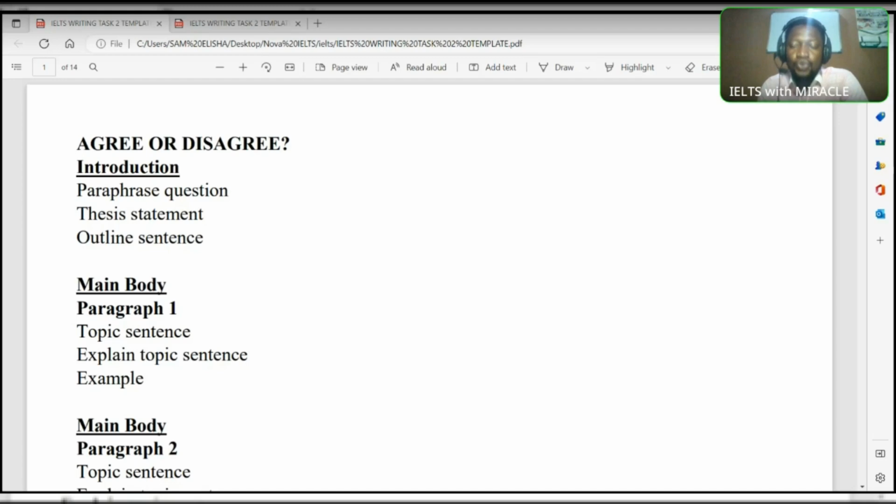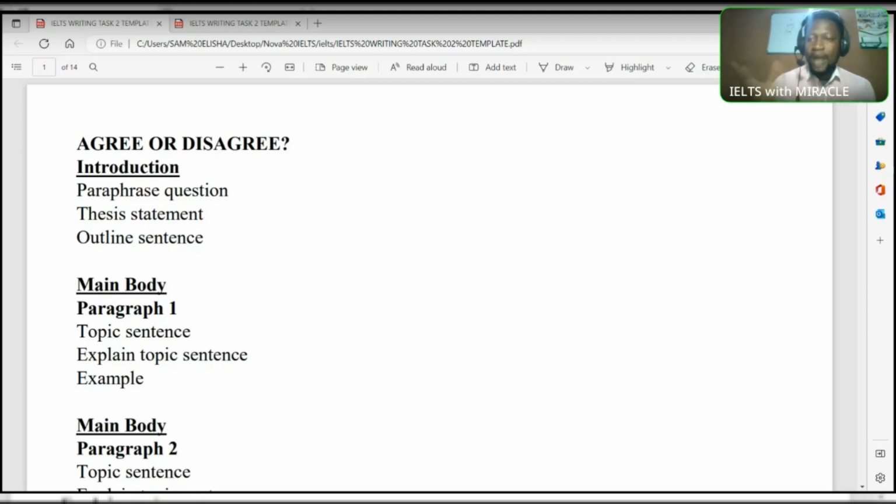Now, for the academic training, in task 1, like we had said before, you will be expected to report and or describe a diagram. And the diagram could be a chart, a map, a process diagram, a graph, a table, a line graph or what have you, right? So you're going to do that.